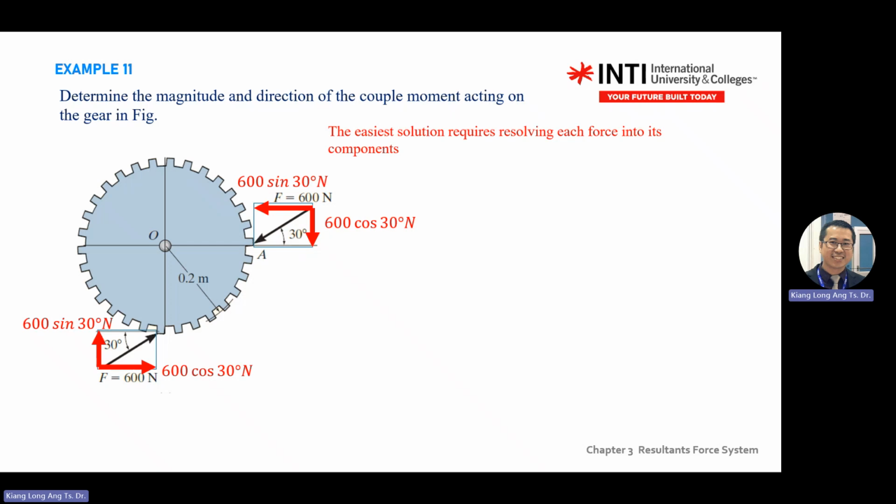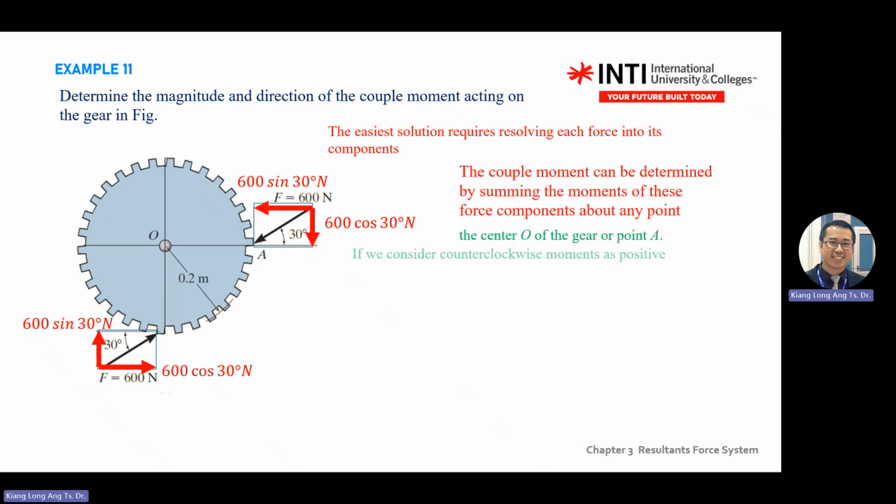So basically, you can pull the red arrow to the point, here to here, here to here. Okay, let's say we focus on O. For moment, we need to tell where is the location of our focus. In this case, we focus on O, and anti-clockwise is positive.